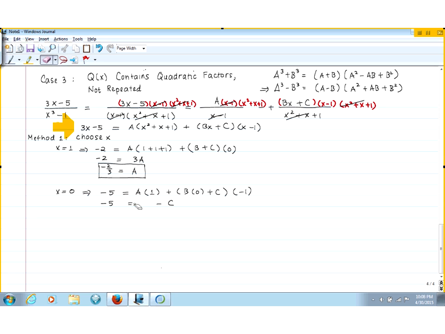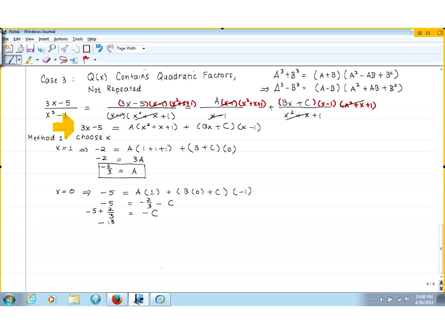Now, we know that a is negative 2/3, so I could just substitute here. Add 2/3 to both sides. So negative 5 plus 2/3 is equal to negative c.